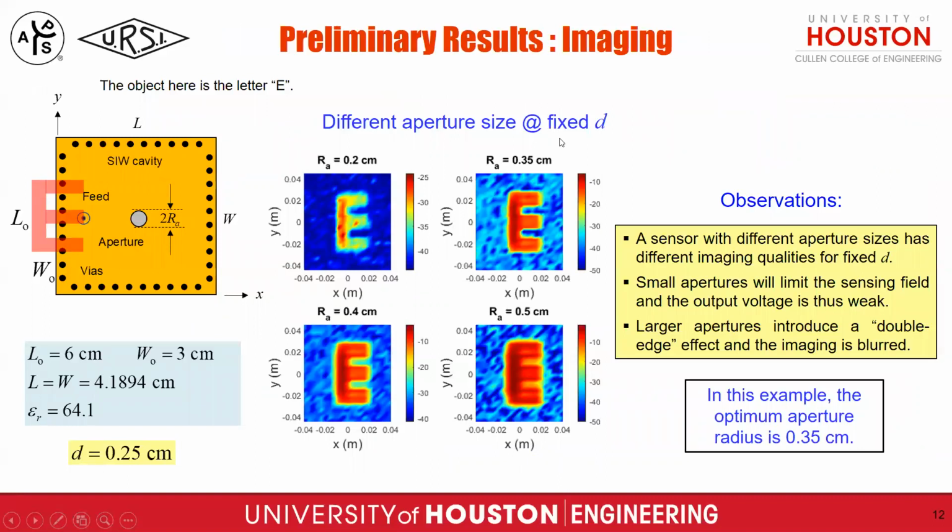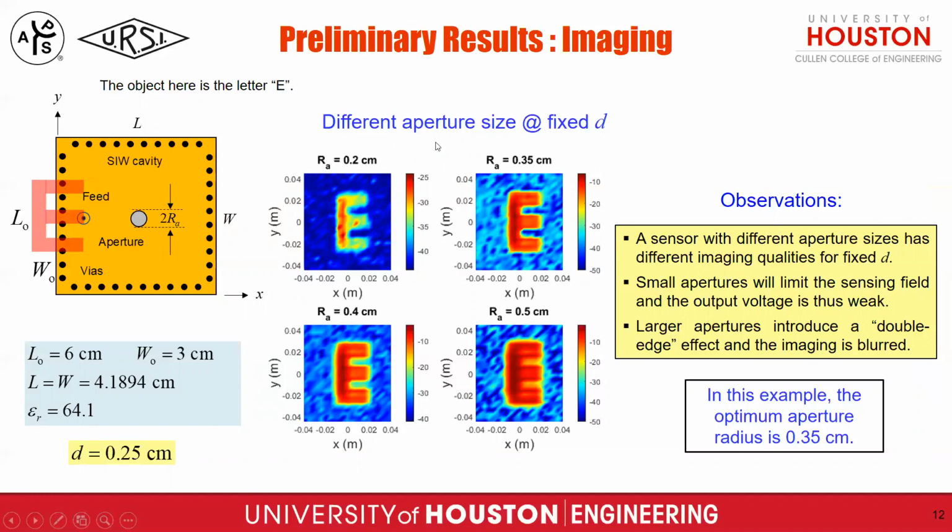And the second result is imaging. Here, we want to investigate the resolution of the imaging. So we replace the object with this letter E. Similarly, we move this object from left to right, and then we get the image.